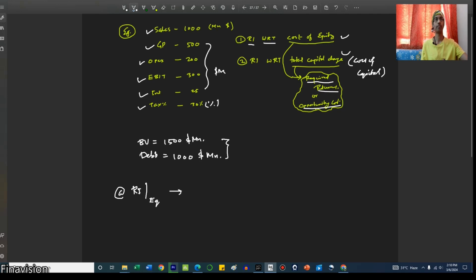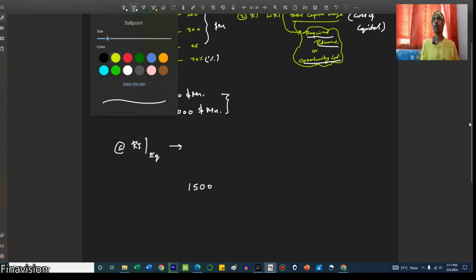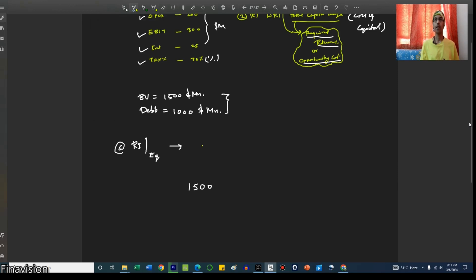Let's see how we do that. The total equity in the company is nothing but the book value, which is 1500. Now let's say the cost of equity is given by these parameters.